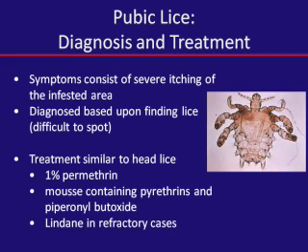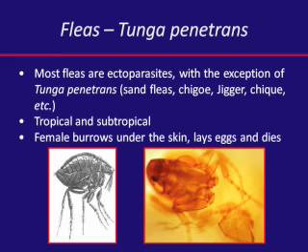So the mousse is basically going to just be kind of a foam that has these insecticides contained in it. Real easy to apply. Fairly straightforward. You can use Lindane or Quell in refractory cases. Probably not going to be that often that you have to worry about something like that.